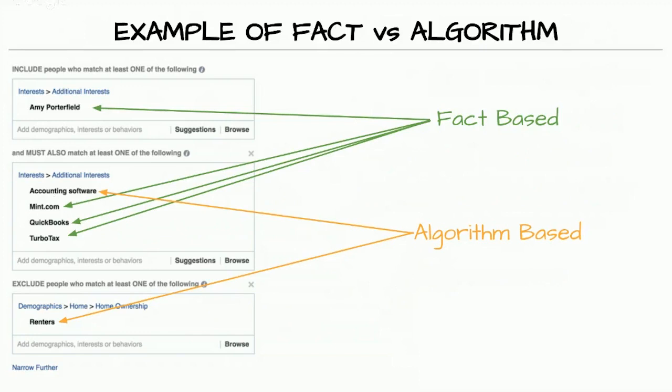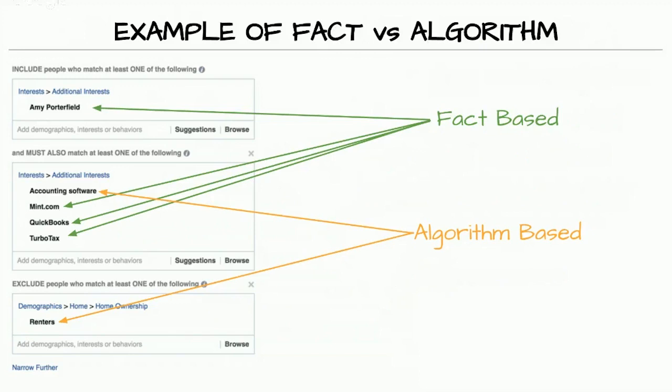And that's what I don't like about that. This is fact-based. This is algorithm-based. Again, demographics, renters. Do you really think Facebook knows beyond a shadow of a doubt if someone's a renter? No. They use an algorithm. They basically say, based on your behavior, we think you're a renter. They don't know. It's like Google's algorithm. We see how that's gone the past 10 years.